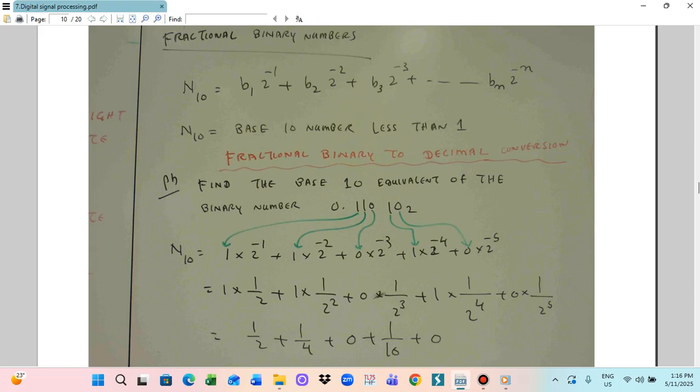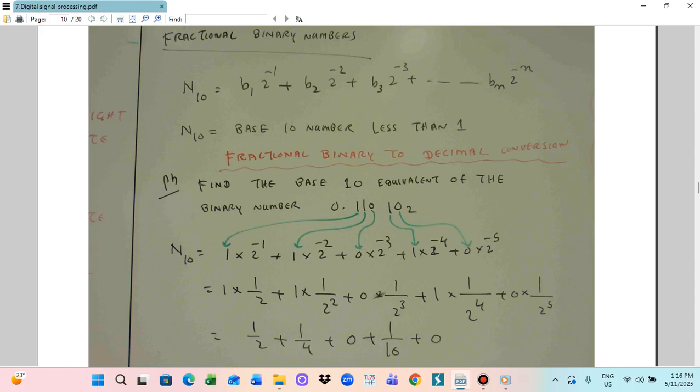So after the decimal point you see the 1, so 1 multiplied by 2 power minus 1. After that you see the 1 multiplied by 2 power minus 2.